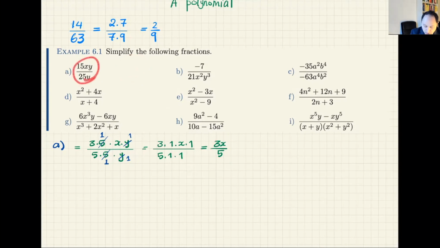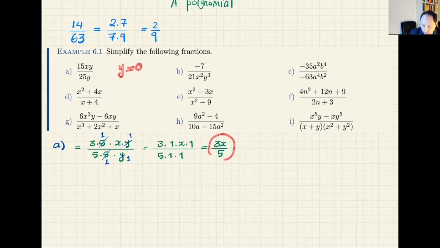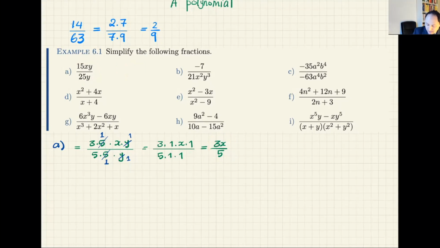But this expression, if I ask you to calculate it for y equal to 0, then you will have a problem. Even though you don't have any problem for y equal to 0 here in this case, because there is no y involved. So I would say that this is equal to this if I respect the domain of validity, yes? It means that y shouldn't be equal to 0.